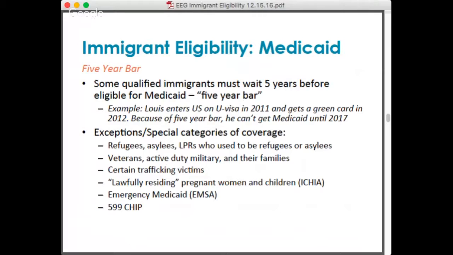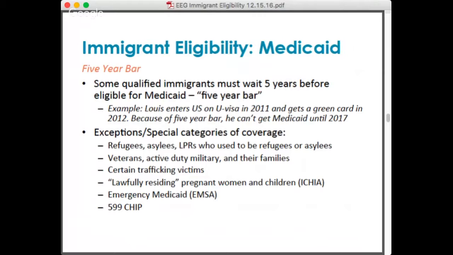You have to have an eligible immigration status, which is what we're talking about now. You have to be a Nebraska resident, which is somewhat related to your immigration status, depending on if you have a temporary visa or a more permanent status. And you have to fit into one of the categories, like being a child, a senior, pregnant woman, or others.